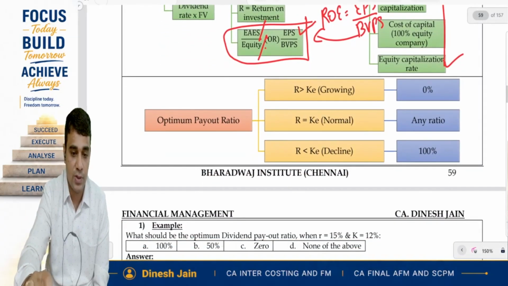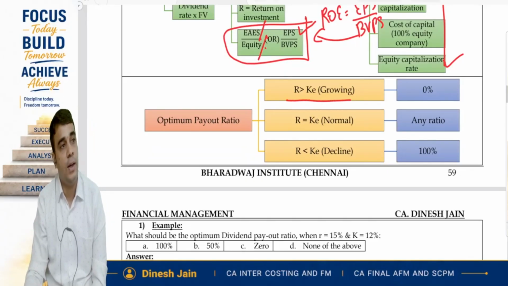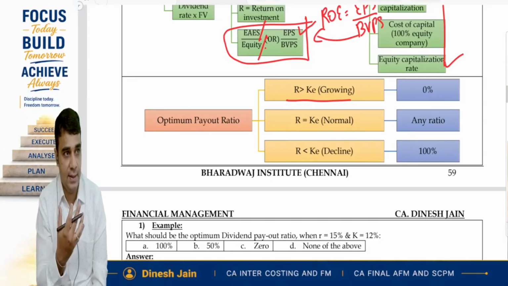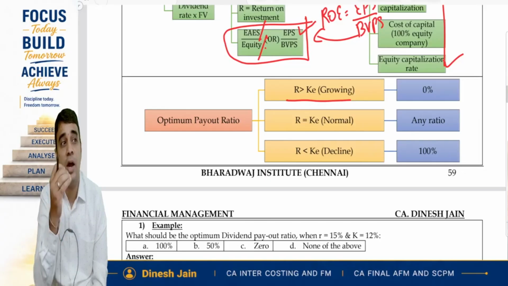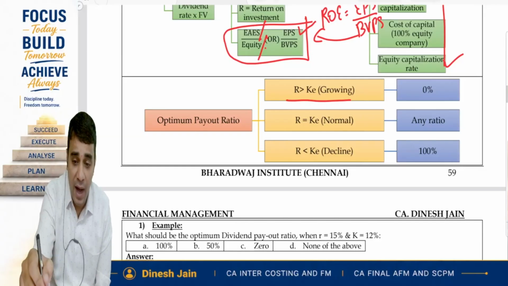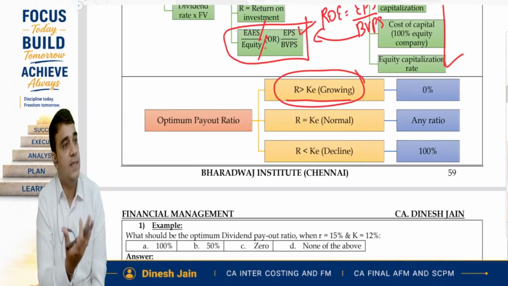And this is what I was trying to explain earlier: good company, R greater than KE. Very simple. R is what the company is earning. K is what a shareholder wants to earn. If R is greater than K, I earn more, your needs are lesser.